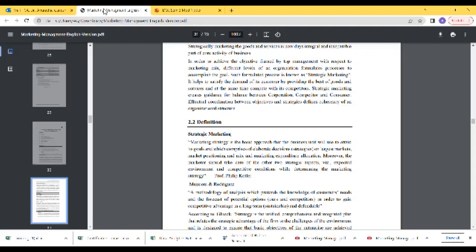Hence it is necessary for marketing managers to understand the changing business environment and apply their strategies, apply their techniques in a way that their marketing efforts will be instrumental and fruitful so as to enhance customer satisfaction. So here, there are many definitions given by various thinkers, various management gurus.